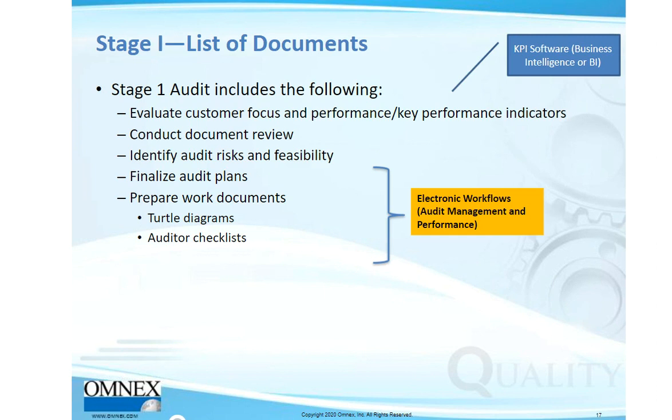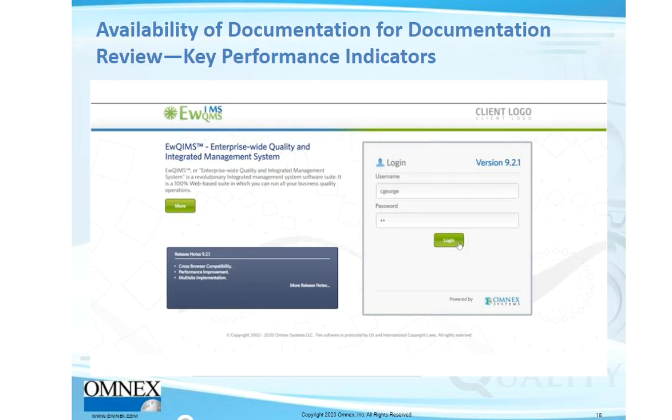This is KPIs. Why are we doing that? So we can look at the risk and prioritize the audit plan and the audit based on the risk. What else do we do? Conduct a document review, look at the feasibility of the audit, create the audit plans, and then create our working documents like turtle diagrams or update checklists. Let's take a look and see how this is possible.